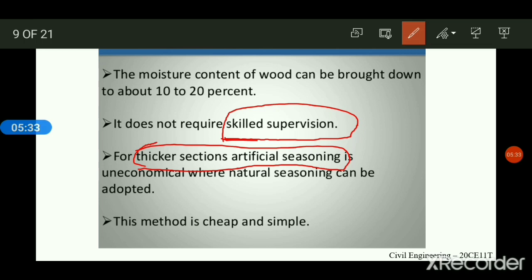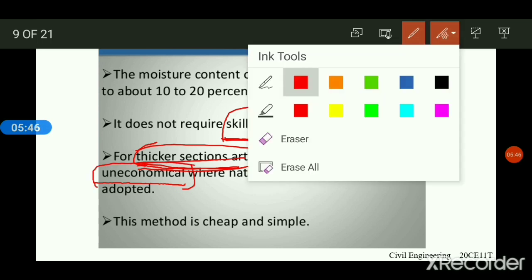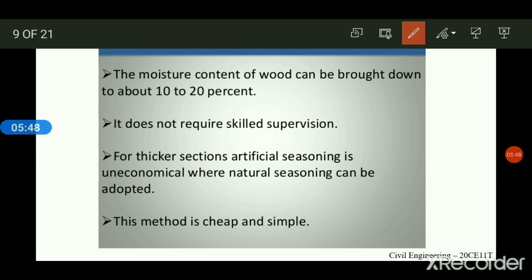For the thicker section of timber, seasoning done by artificial seasoning is very uneconomical. It requires most cost. So for thicker sections, natural seasoning can be adopted to avoid cost.